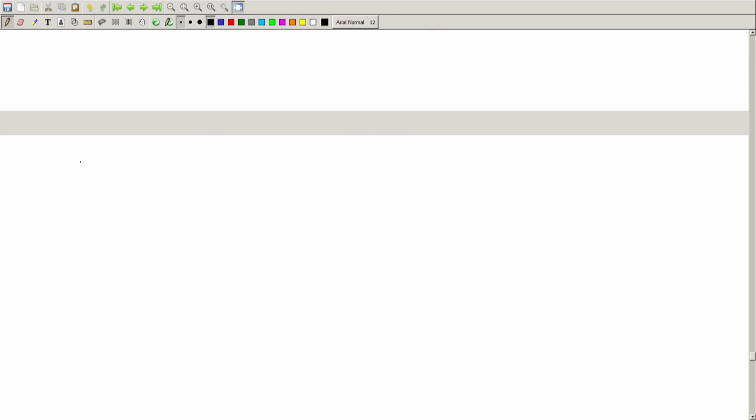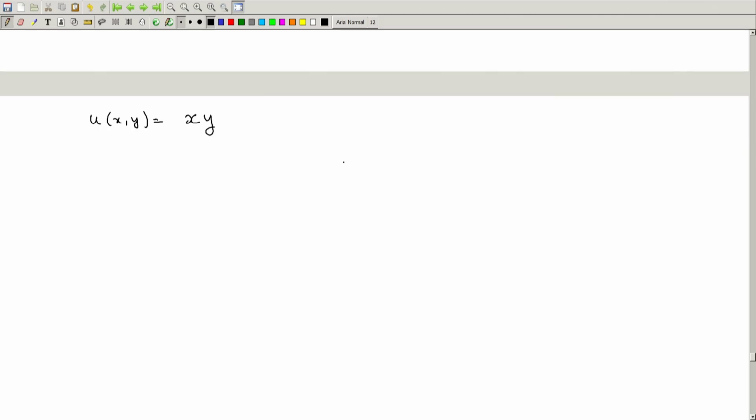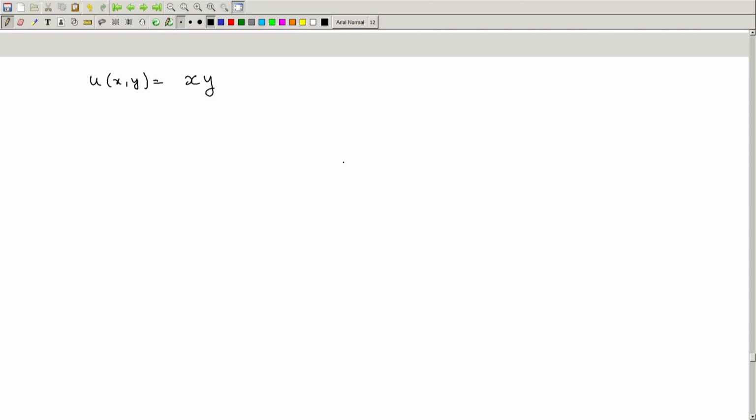So, let us say I have a utility function of the form u of xy equals x times y, or square root of xy, whichever is the case. These will be indifference curves which are downward sloping, and we are interested in finding the slope of the indifference curve at a point.